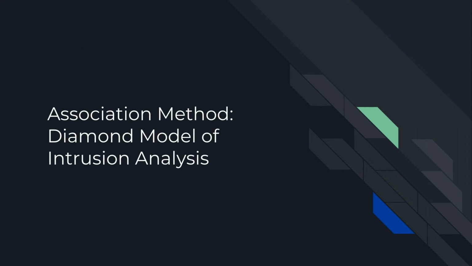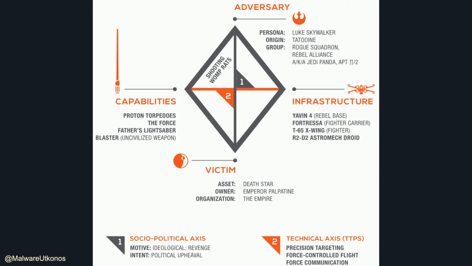The next association method is the diamond model of intrusion analysis. This one is quite complex, but it's also a way of basically creating groups and then associating those groups. I encourage you to go take a look at the website ThreatConnect. I can show you the entirety of this discussion we had in the office.